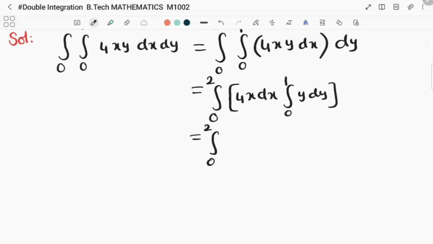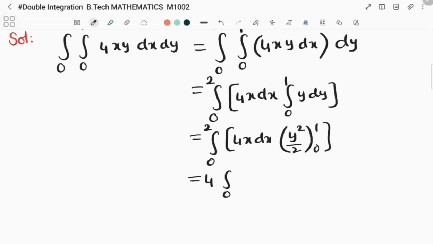So 4 constant we can take outside of the integral. Integral 0 to 2 x dx. In place of y, substitute the upper limit: 1 square by 2, so 1 by 2 minus 0. So which is equal to 4 times integral 0 to 2, and this 1 by 2 also we can take out, x dx, which is 4 by 2 means 2.